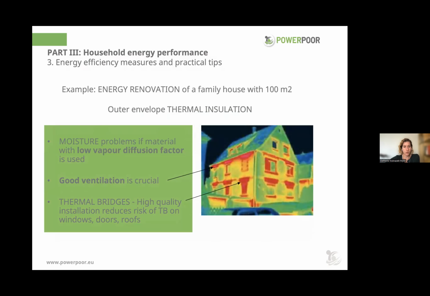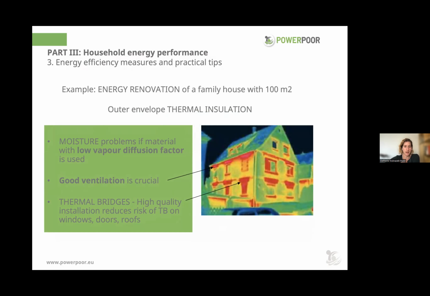Regarding the outer envelope, we should take into account when proposing measures, and of course an expert should always be consulted, that we should avoid moisture problems by selecting the correct materials that will have a low vapor diffusion factor.